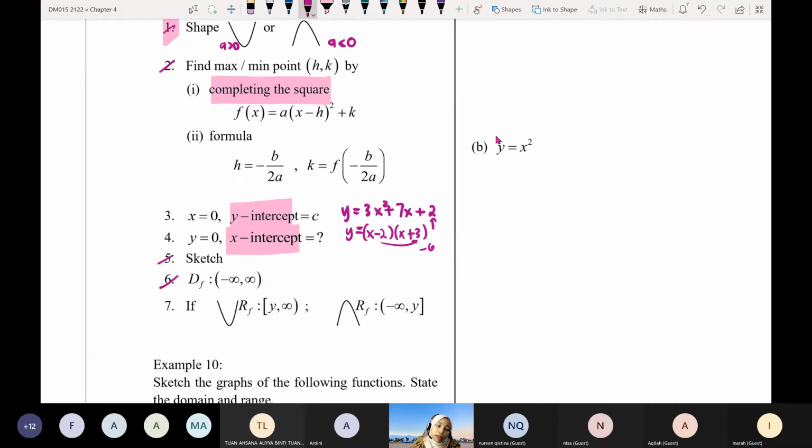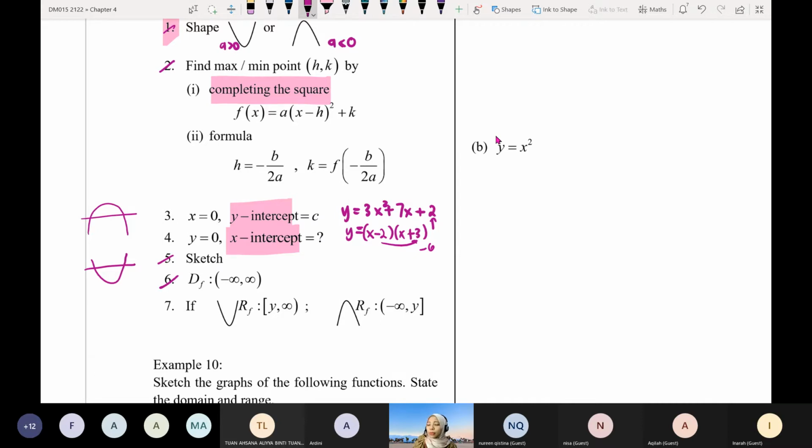And then the domain, if it doesn't state. So you have to write down negative infinity until infinity, because for a basic quadratic, either this way or this way, the domain is from negative infinity up to infinity.